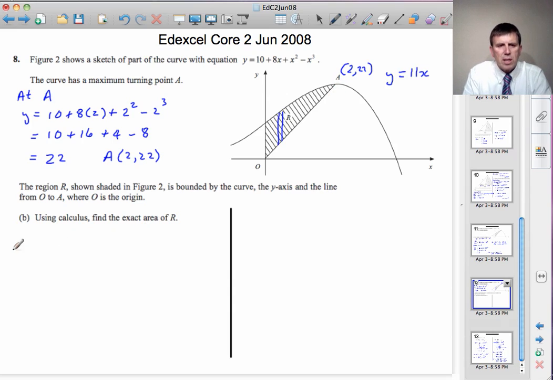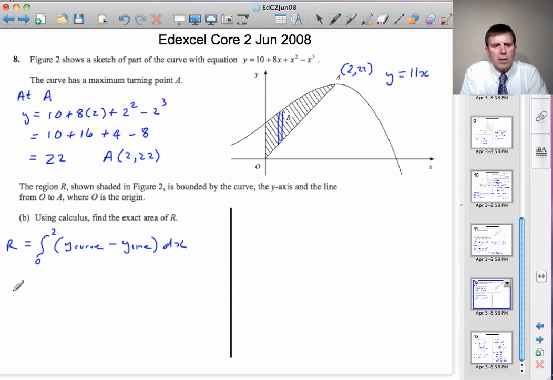So I can now say that R is the area that you get when you integrate from 0 to 2 of the y-coordinate of the curve minus the y-coordinate of the line. So let's call that y curve minus y of the line dx. And what does that give us?